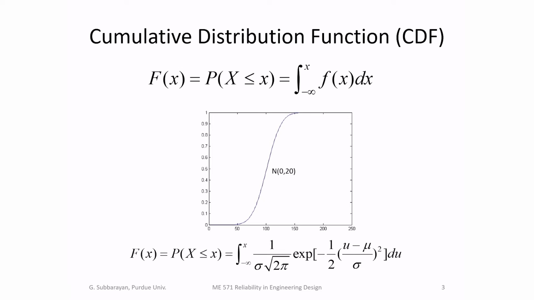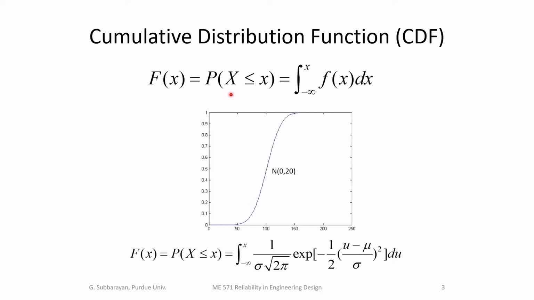And recall that we estimate the probability by integrating the PDF between limits of a and b, which gave us the probability that x would lie between a and b. What if the lower limit were to be minus infinity? So the probability that the random variable would be less than a specific value x is the integral of the PDF from minus infinity to x.